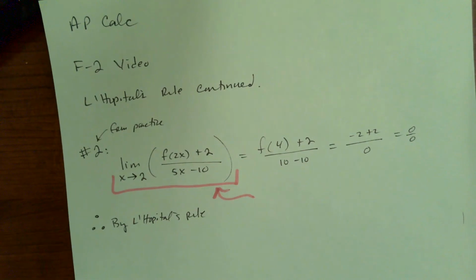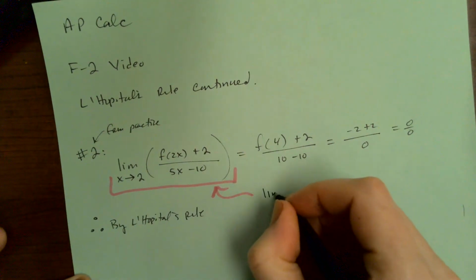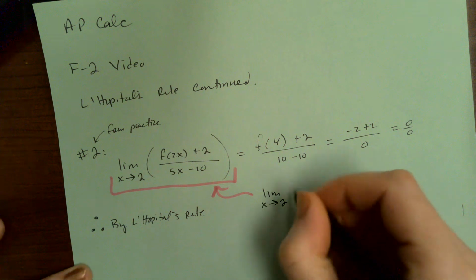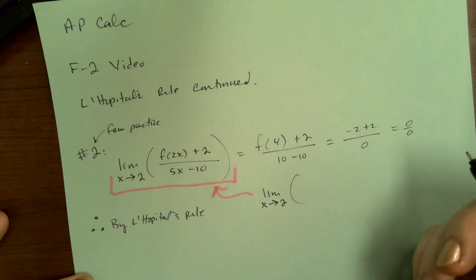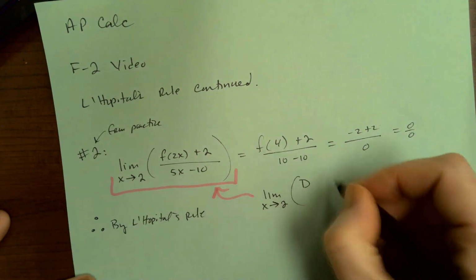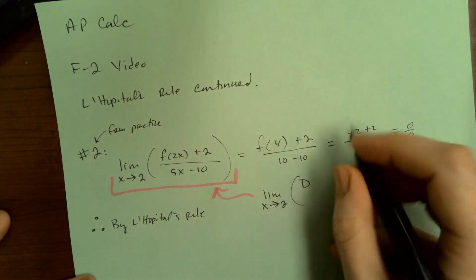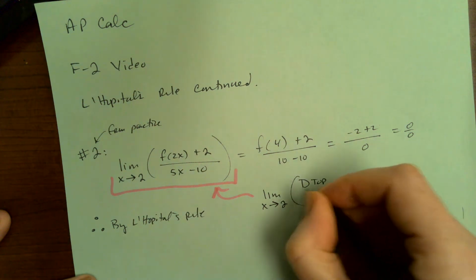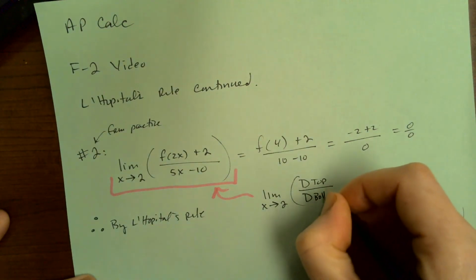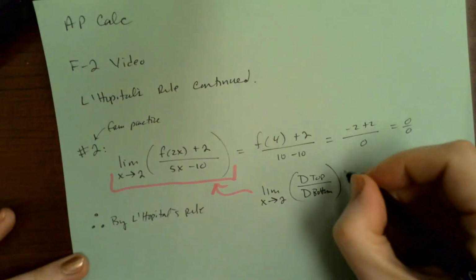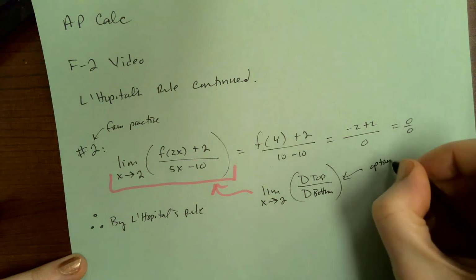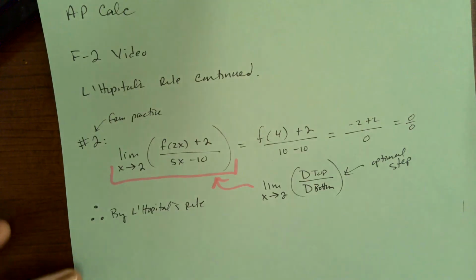All right, and then this is an optional step here, but I'm going to say, just so we keep remembering what L'Hopital's rule says, instead of saying the derivative of the top, I'll say just D. So derivative of the top. All right, I'm just doing it instead of the brackets. All right, so this is an optional step.